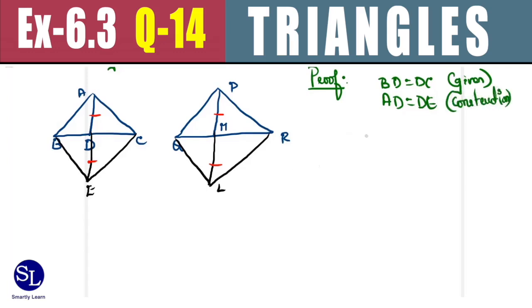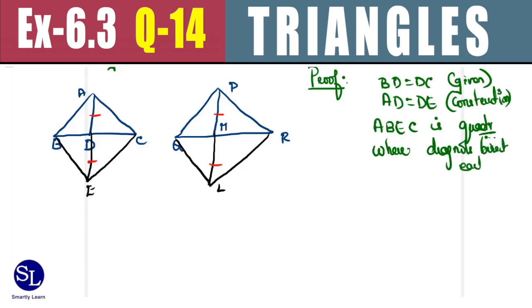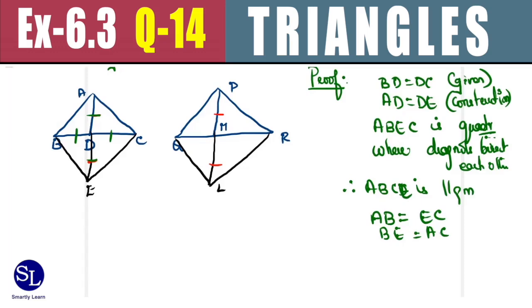So this means ABEC is a quadrilateral, and the diagonals bisect each other, because that is how we have constructed it. Therefore, ABEC is a parallelogram, wherein AB is equal to EC and BE is equal to AC, opposite sides of a parallelogram.